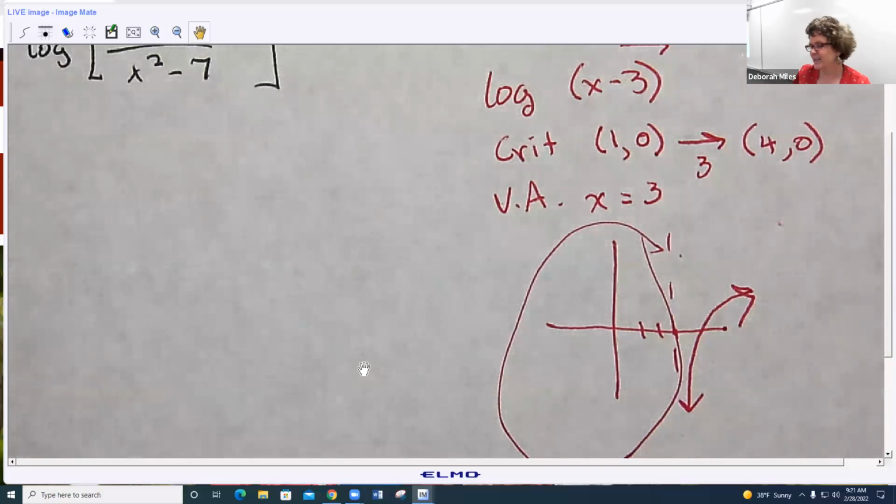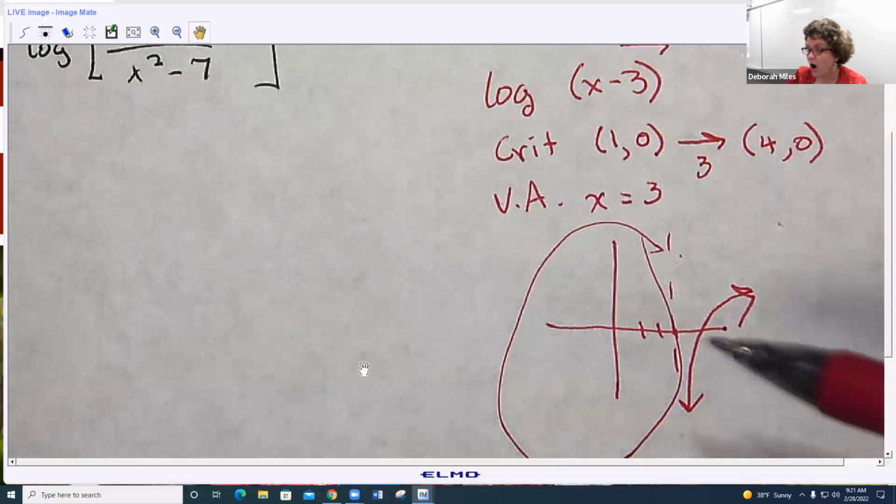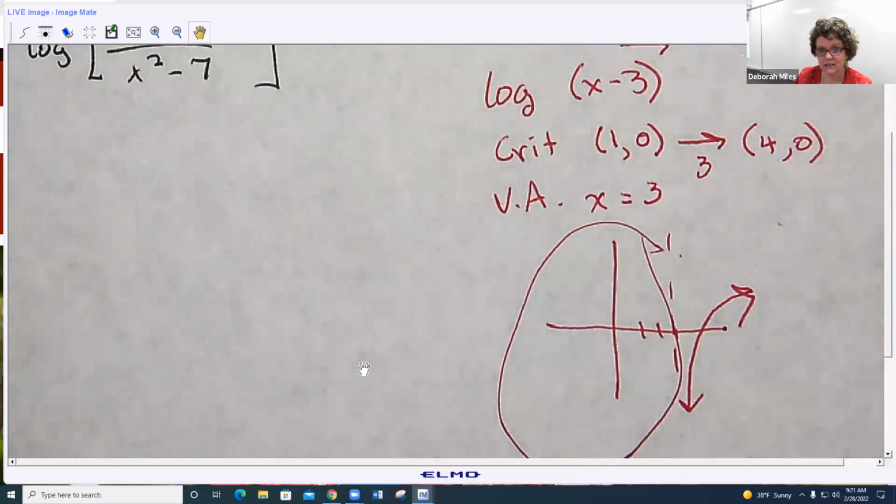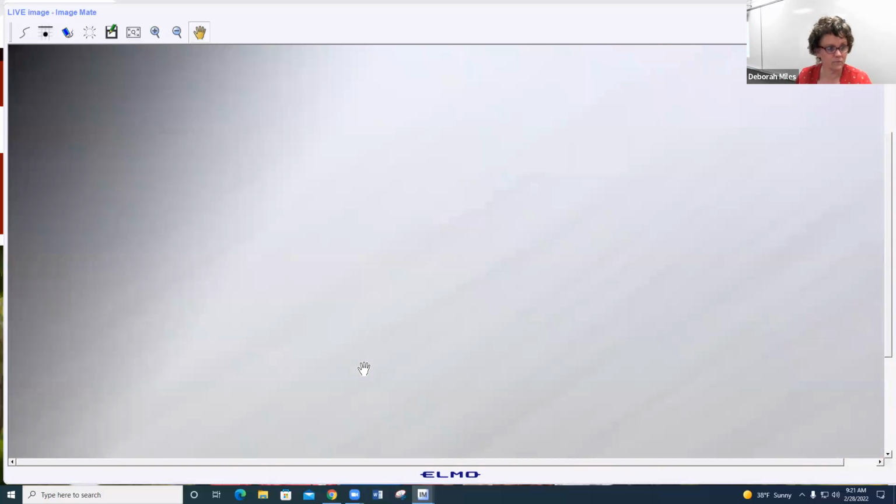So I'm going to say no. You don't think of a whole space as being a hole. What a hole represents is something that's not in the domain of the function. And here, everything to the left of 3 is not in the domain of the function. That was a good thought.